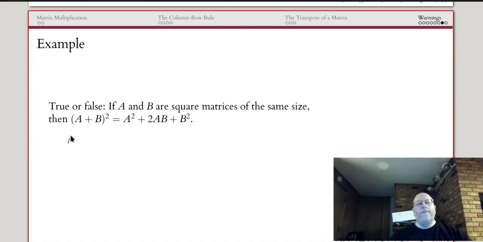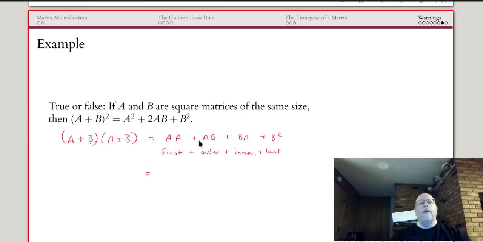So with that in mind, can we decide if this is a true statement or a false statement? Well, if we FOIL, then we get first times first is A times A. Then outer is A times B. And then inner is B times A. And then last is B times B. And A times A is definitely A squared, and B times B is definitely B squared.